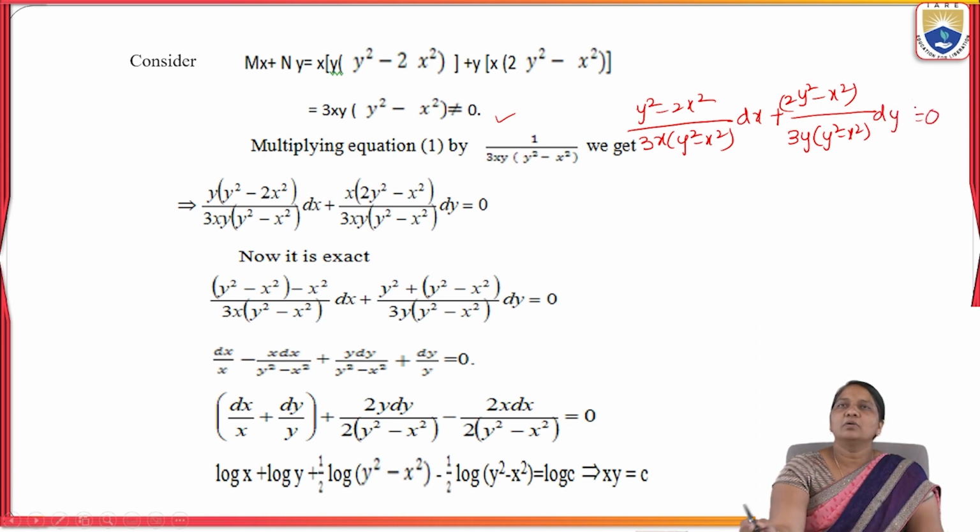So now we are going to simplify this. So first, 3 is the constant. I can take it out.